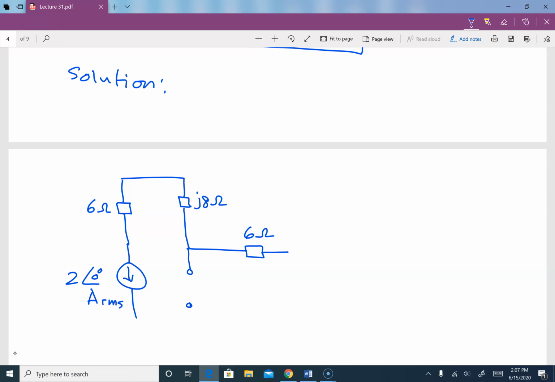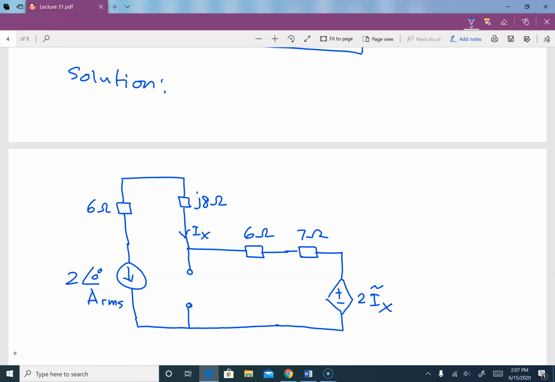This is where we open our ZL. And Ix is flowing here.